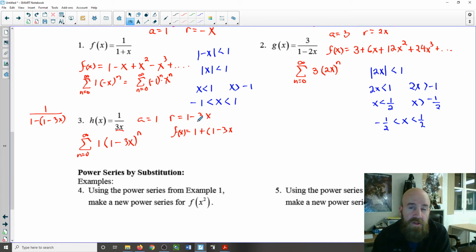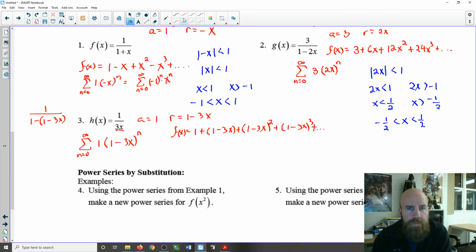And we're just going to keep multiplying by 1 minus 3x to each term. So the next term would be 1 minus 3x squared. Okay, quantity squared. Next one would be quantity cubed. And so on down the line.